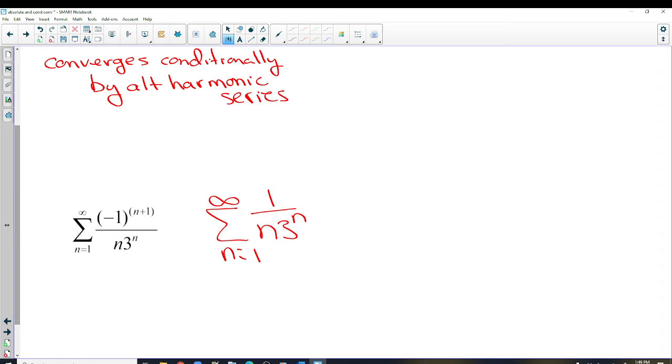Well, what test are we going to use here? What do you think? What does it look like? Yeah, it's a ratio test on this one. So we have the limit as n approaches infinity of the absolute value of 1 over (n plus 1) 3 to the n plus 1, times n 3 to the n over 1.